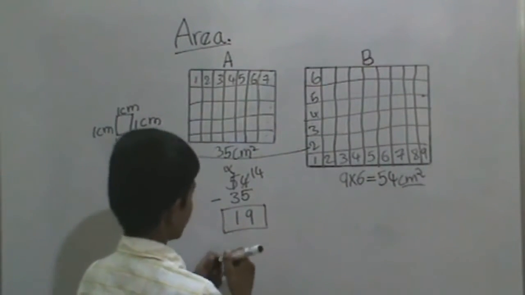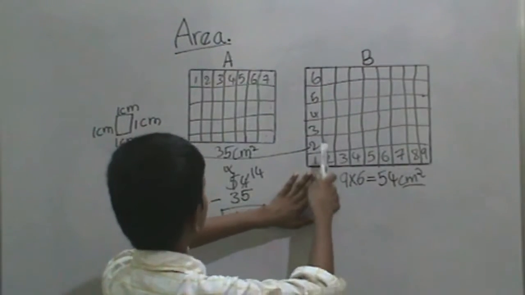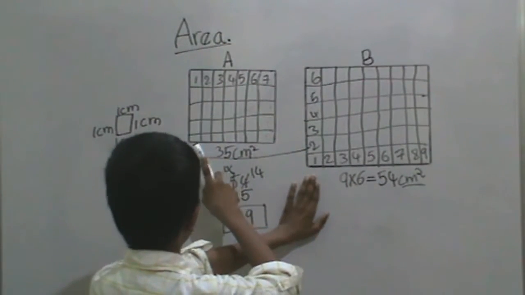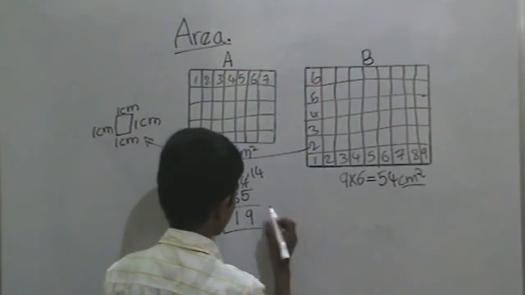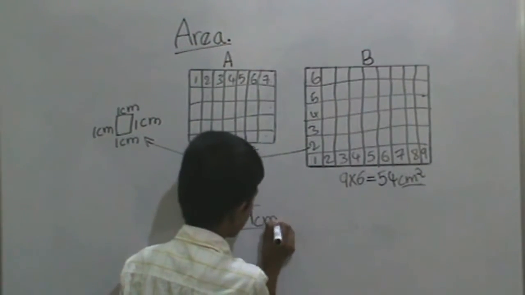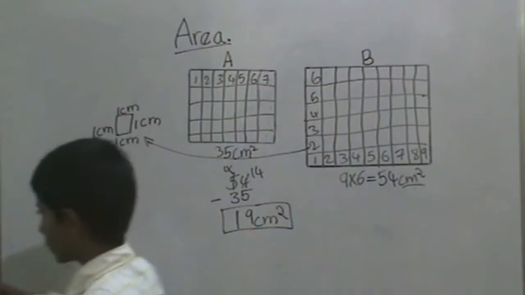So, rectangle B is bigger than rectangle A by 19 centimeters squared. Okay?